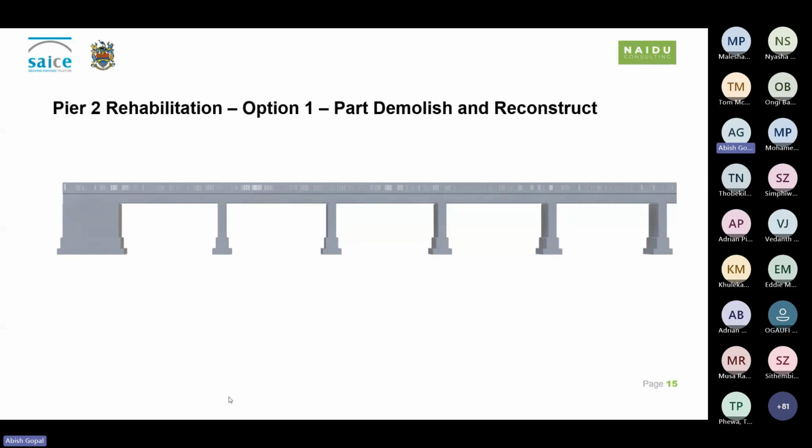Moving over to option one that was envisaged, this was to demolish and reconstruct. Focusing on Pier 2 specifically and the adjacent spans, which are spans 2 and 3, we deconstruct or demolish the superstructure as well as the pier.